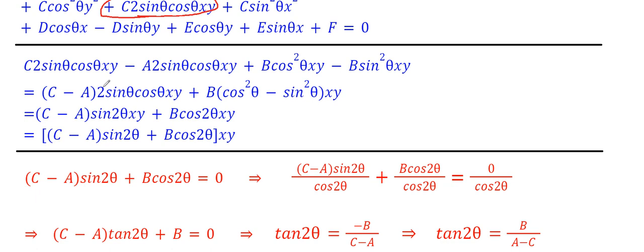And now we can use trig identities. You can find these on any trig identity sheet. So 2 sine cos is equal to sine of 2 theta, and cos squared minus sine squared is equal to cosine of 2 theta.